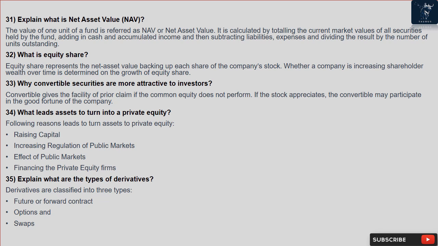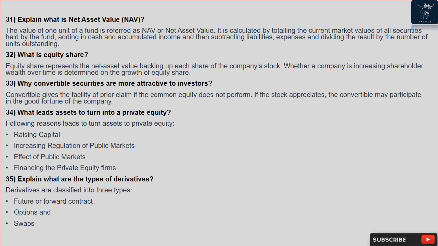33. Why are convertible securities more attractive to investors? Convertibles give the facility of prior claim if the common equity does not perform. If the stock appreciates, the convertible may participate in the good fortune of the company. 34. What leads assets to turn into private equity?